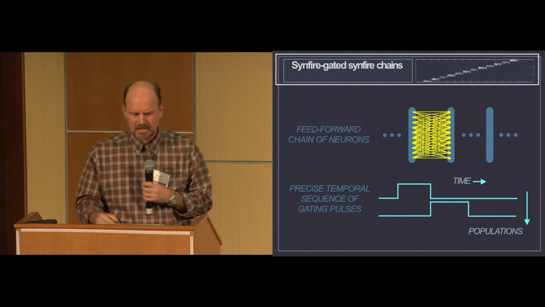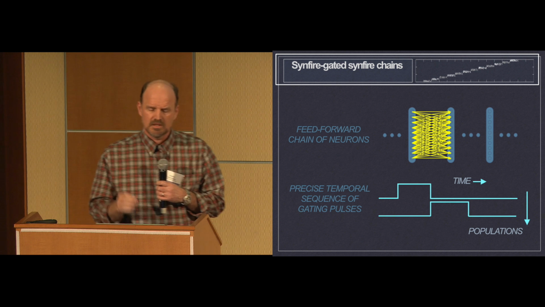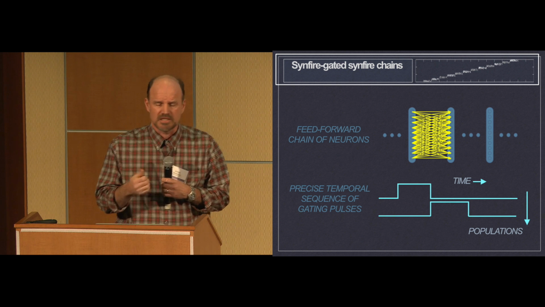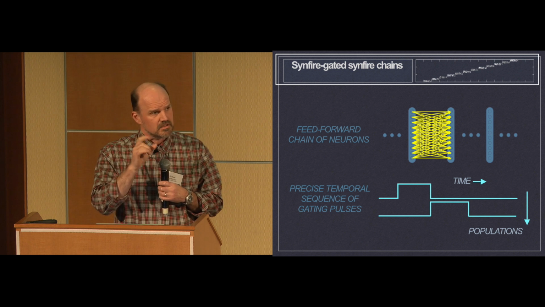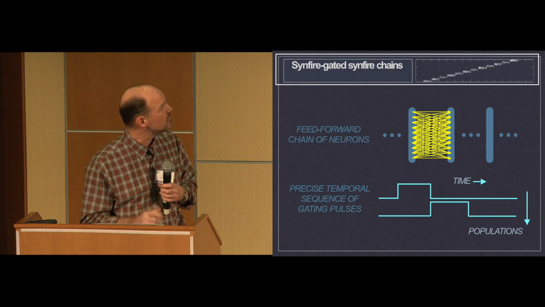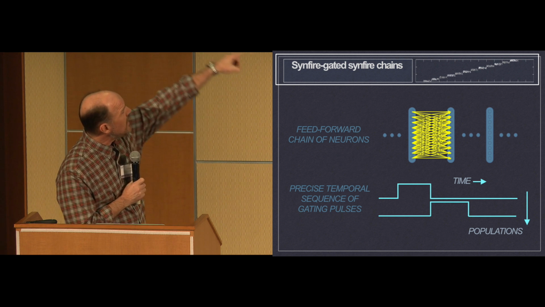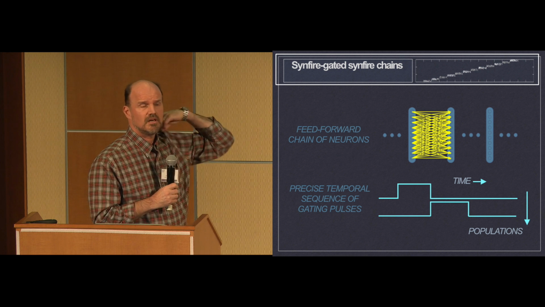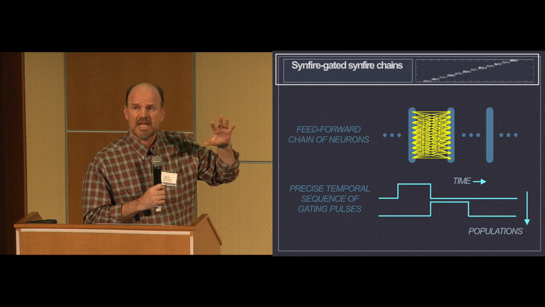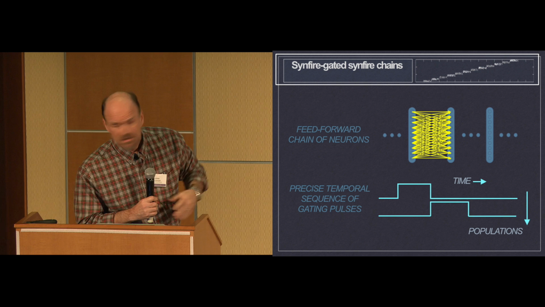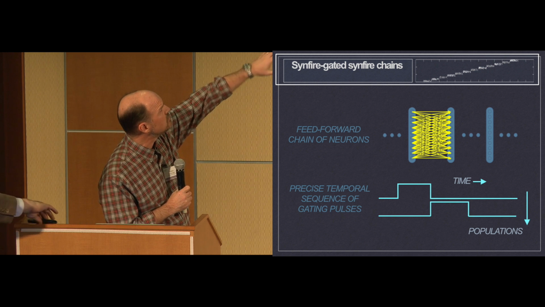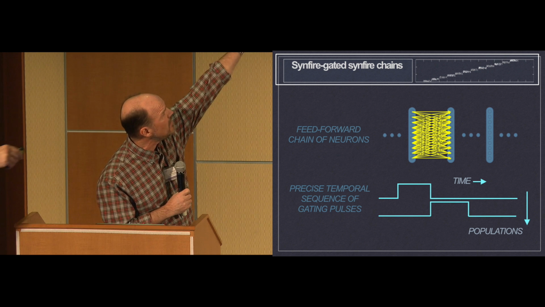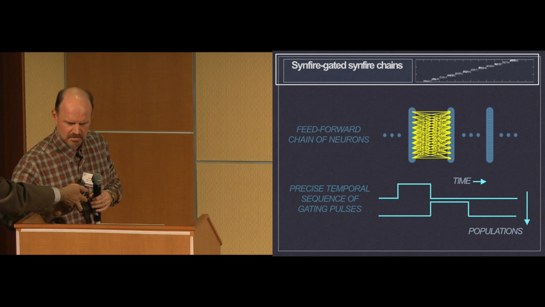One of them generates pulses. They're sub-threshold. The bottom pulses here, we'll call the gating chain. Those are populations of neurons which are coupled to these upper populations. Thank you very much.